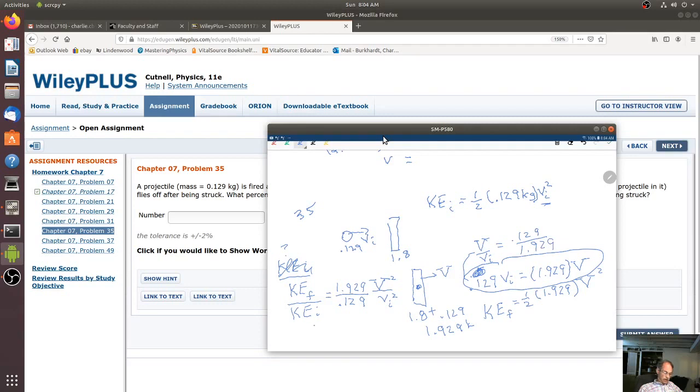So this is going to equal 1.929 over 0.129 times 0.129 squared divided by 1.929 squared.